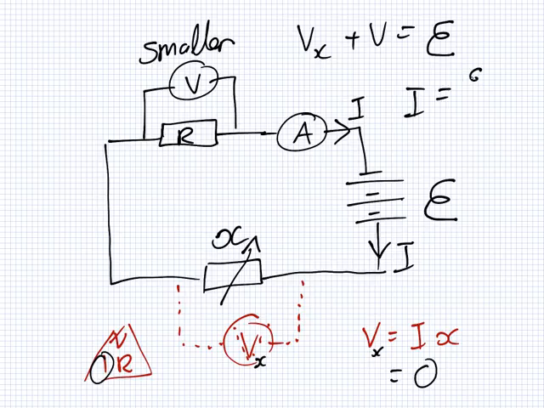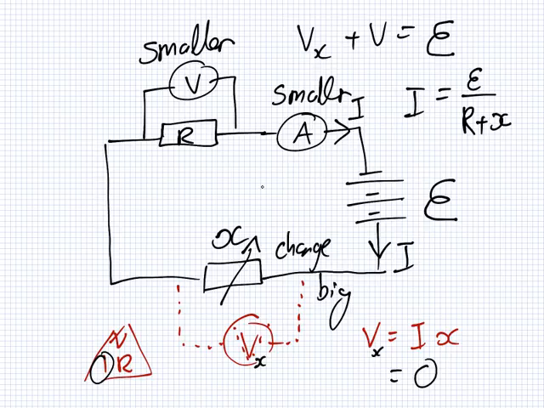E, divided by the total resistance, which is R plus X. So if I make the X bigger, what happens to the I? Smaller. Yeah, it gets smaller as well. So this also gets smaller. So in other words, if I make this bigger, then both of these will get smaller. Or the opposite. If I make this smaller, then both of these will get bigger.